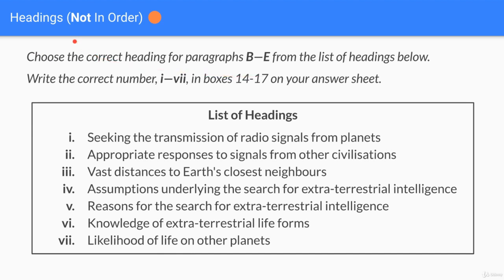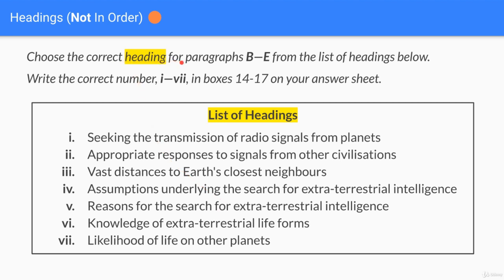Next, we have the headings question. This is a difficult question and it is also not in order, so you should save this one for last. This question is really easy to identify because you're going to get a list of headings over here in a box, and the question is going to ask you to choose the correct heading.